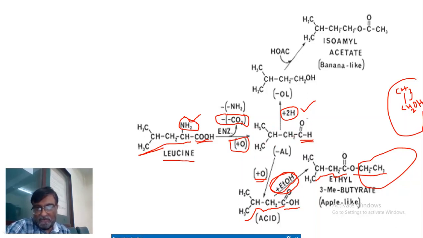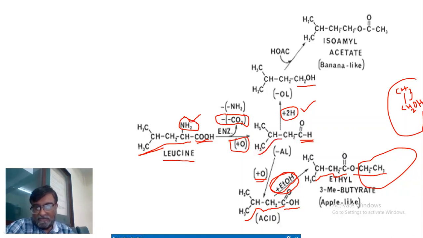Only hydrogen is added, so CH2OH is formed.